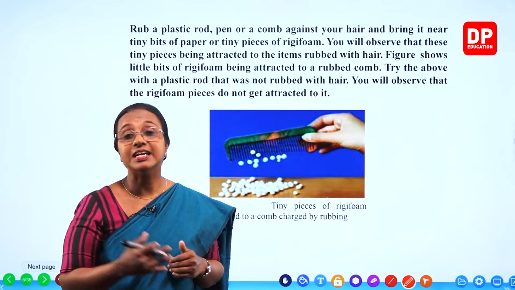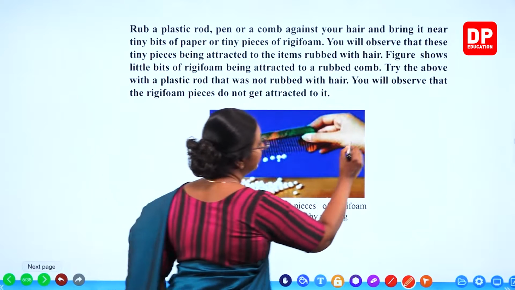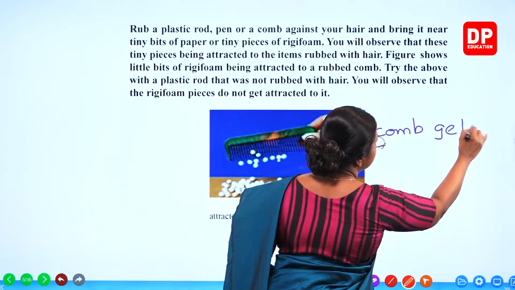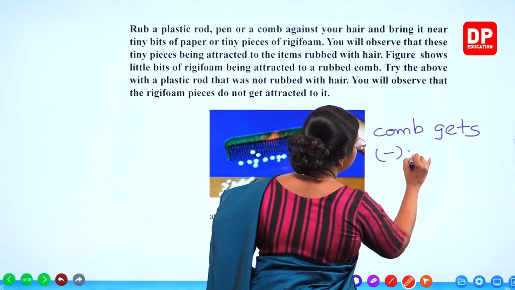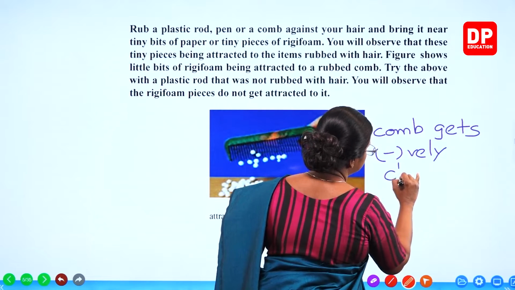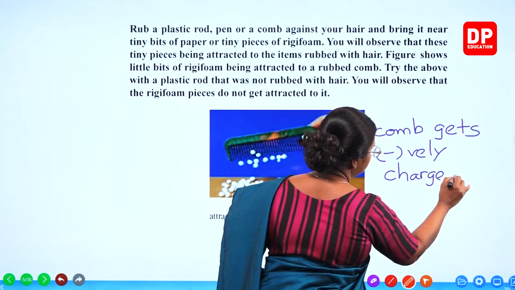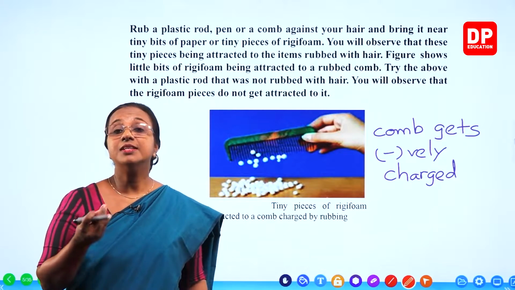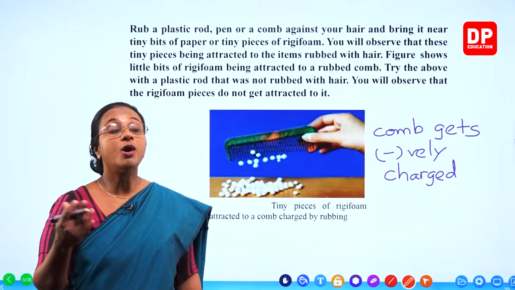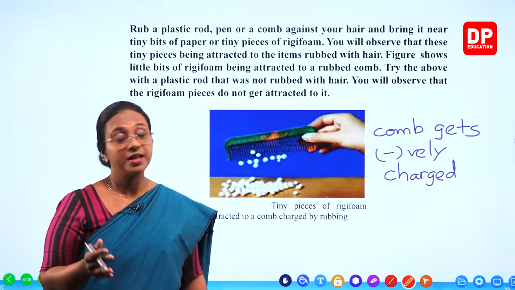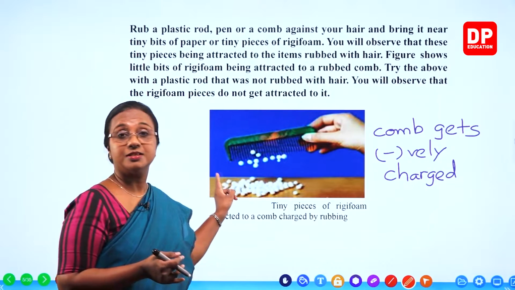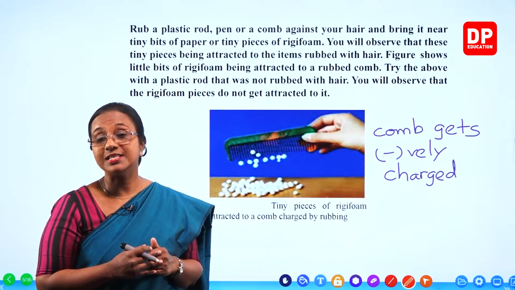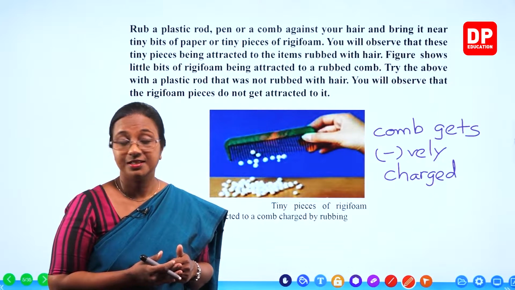The comb gets negatively charged. And this negatively charged comb attracts the tiny pieces of paper or tiny pieces of Regiform. Again, the charged surface, the charges that have been induced, is what we call static electricity.